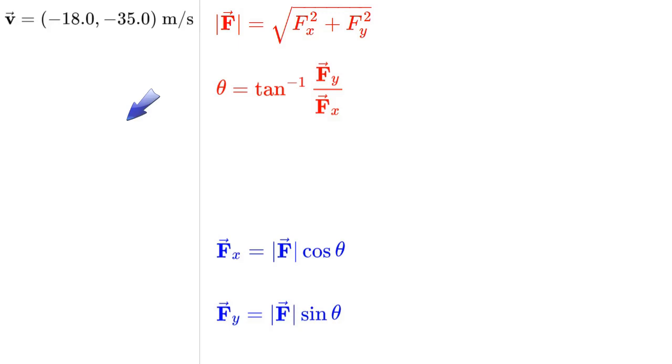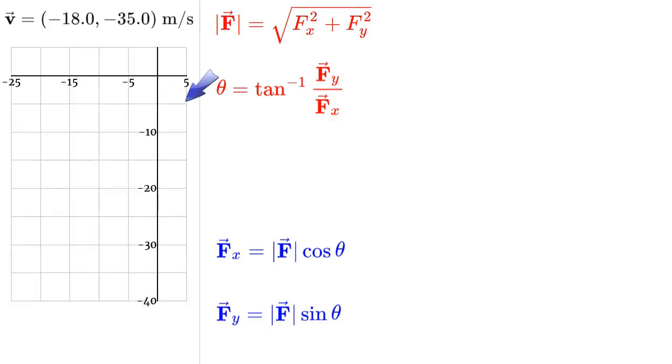So again, we'll start with our diagram. We know that since the x and the y are both negative, we're going to need the third quadrant. Looking at the components, we want to make sure that the x-axis goes down to at least negative 18 and the y-axis goes down to at least negative 35.